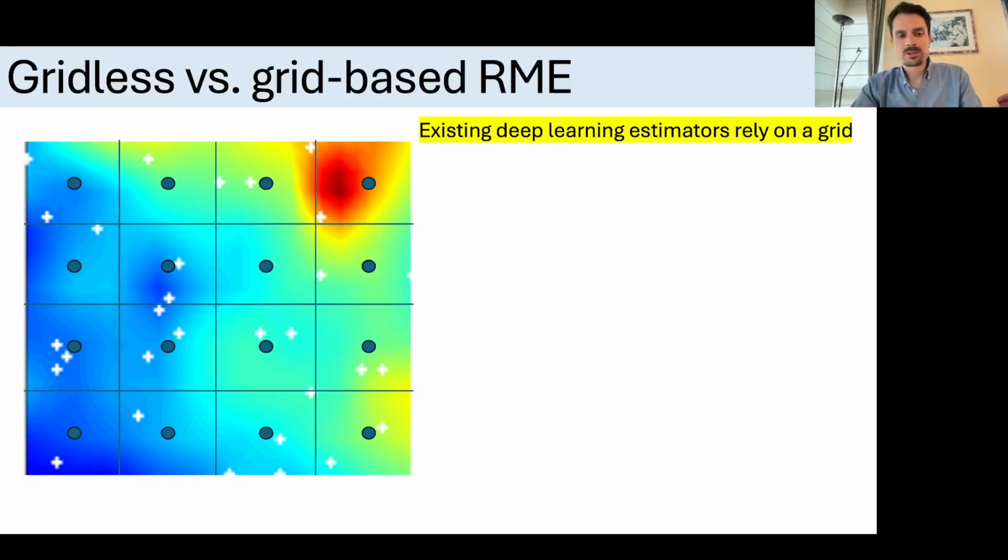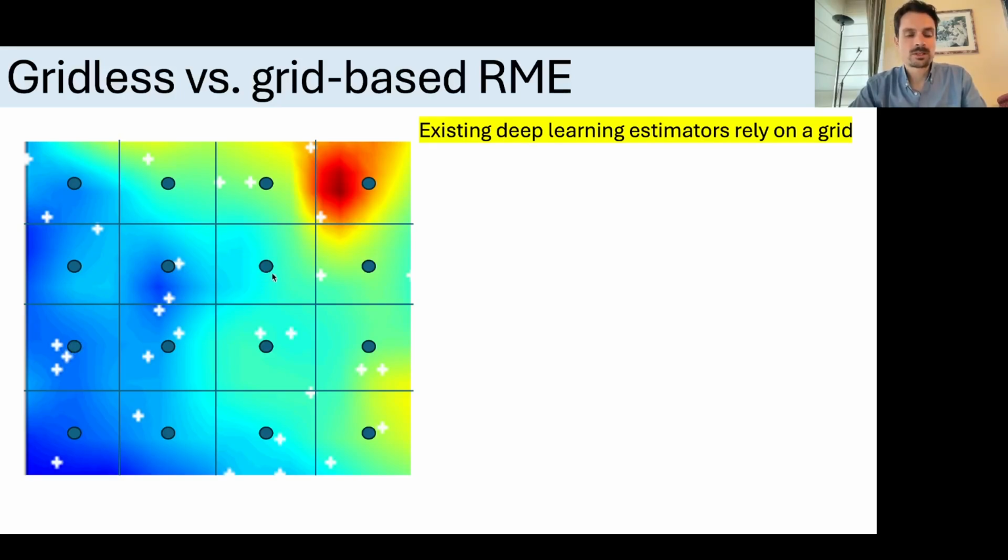That essentially means that they construct a 2D or 3D grid in the region of interest, and they assign each measurement to the nearest grid point. After that, they construct a matrix or a tensor where each entry is set to the average of the measurement values assigned to the corresponding grid point.